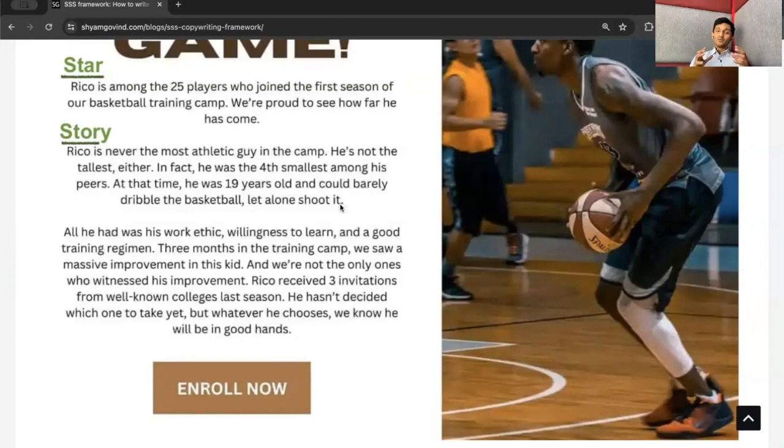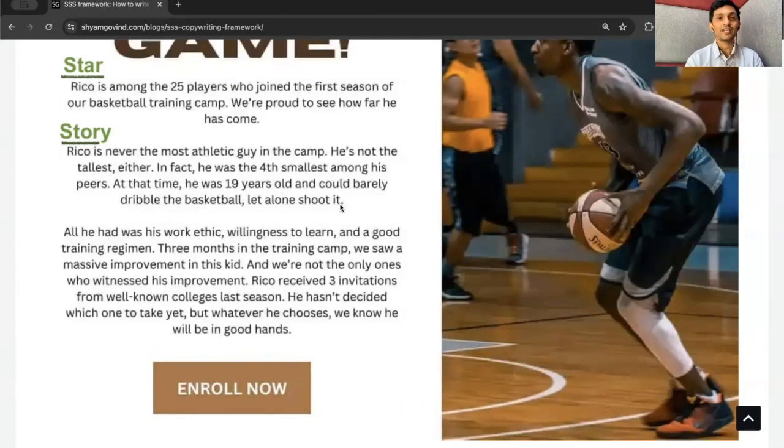Now, you see how they are trying to make Rico, the star, relatable to most of the audience. Most people are not the most athletic people. Most people are not the tallest. Most people do not know how to dribble a basketball. So they are making the character of the story relatable, right?